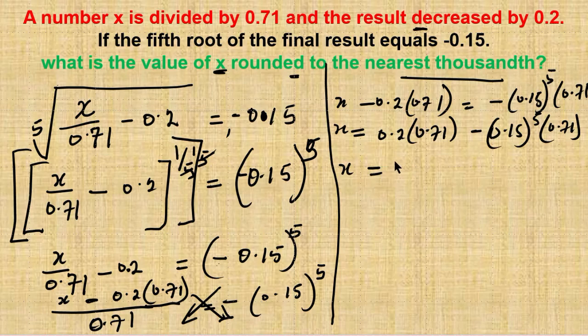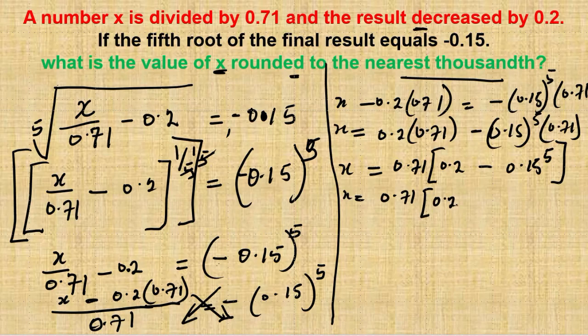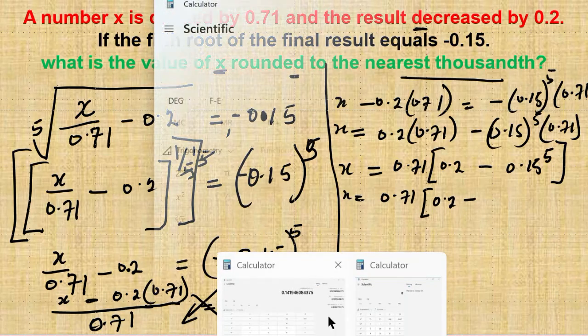So x equals 0.71 into 0.2 minus 0.15 raised to the power of 5.